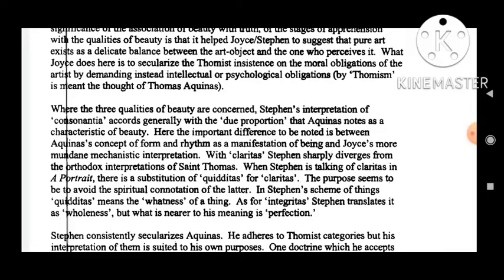By Thomism is meant the thought of Thomas Aquinas. Okay, so you can write what Joyce does here is to secularize the Thomist insistence on the moral obligations of the artist by demanding instead intellectual or psychological obligations. By Thomism is meant the thought of Thomas Aquinas.